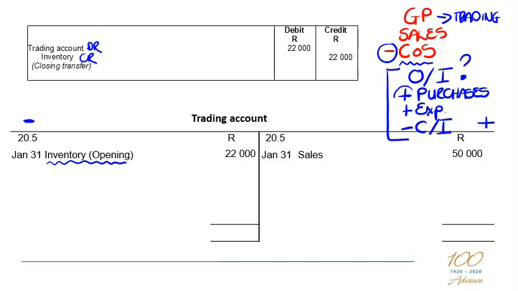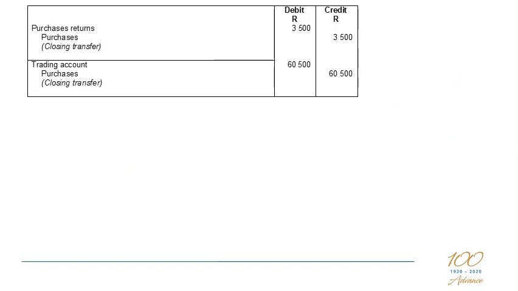What is the next item that I need? I need my purchases. So in the calculation of my cost of sales, I will have to transfer purchases over to the trading account. But I have an account for purchase returns, which I first will have to close off to the purchases account before I can take the net purchases to the trading account.